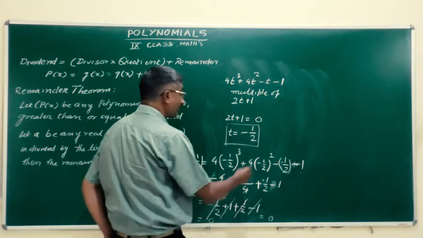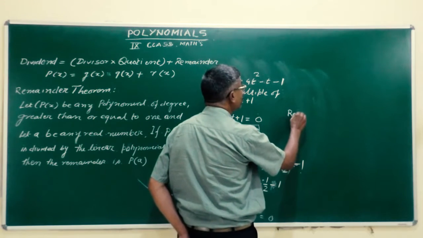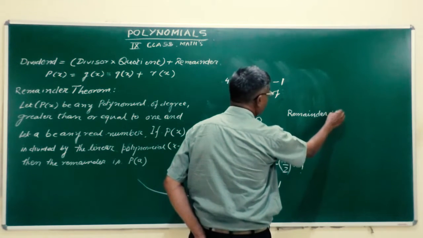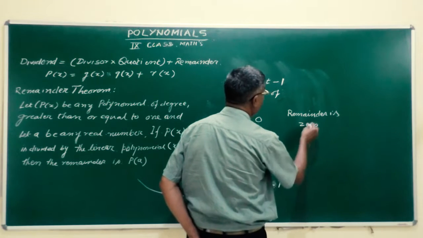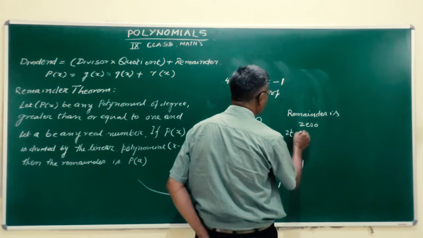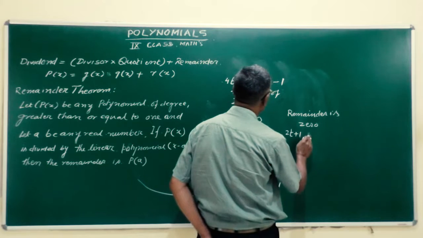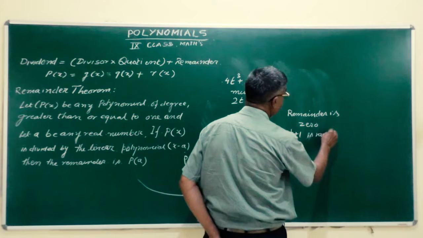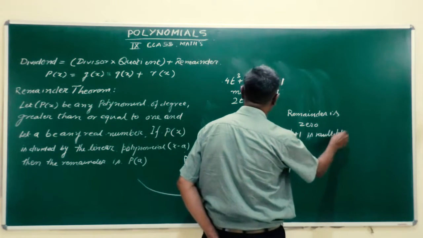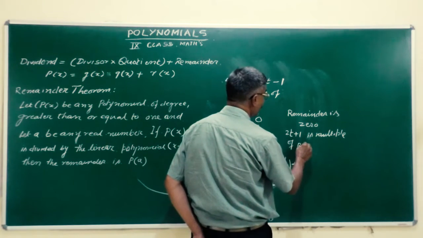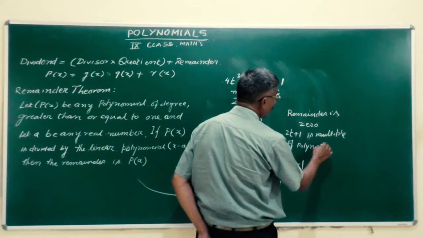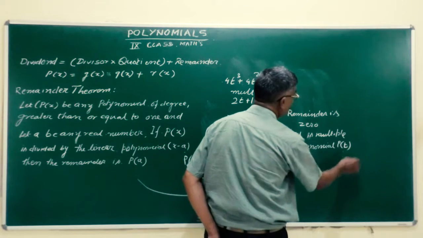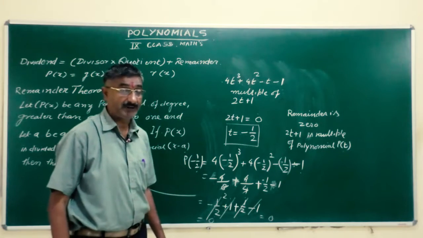It means the remainder is 0. So 2t plus 1 is a multiple of the polynomial q(t).